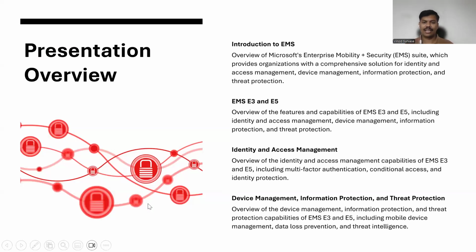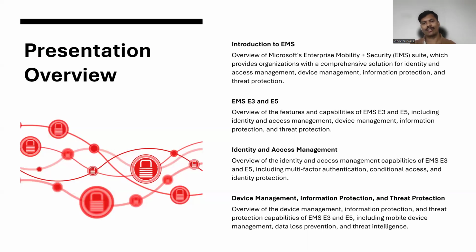And at the end, we have capabilities like device management, information protection, and threat protection, which are included with E3 and E5, which have the Intune plan as well, right? So you might be wondering, device management is part of EMS, then do we need to buy an additional license for Intune?